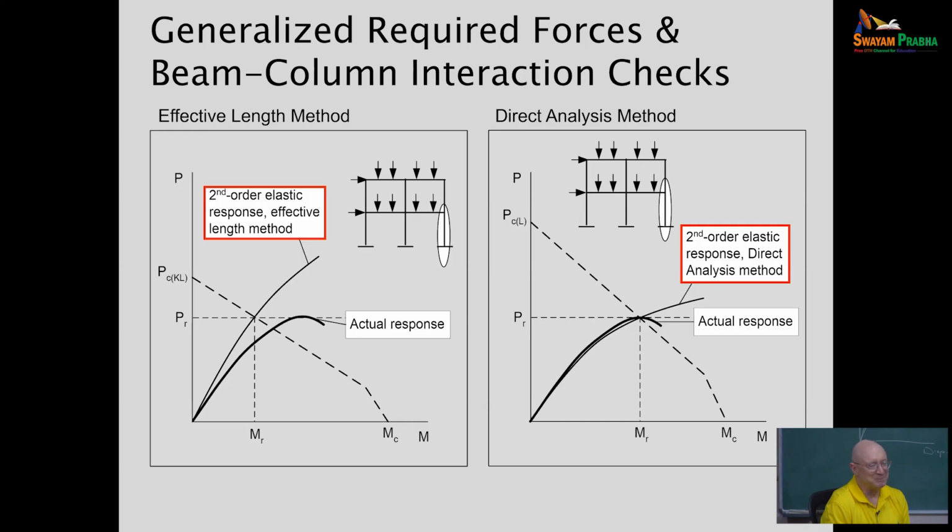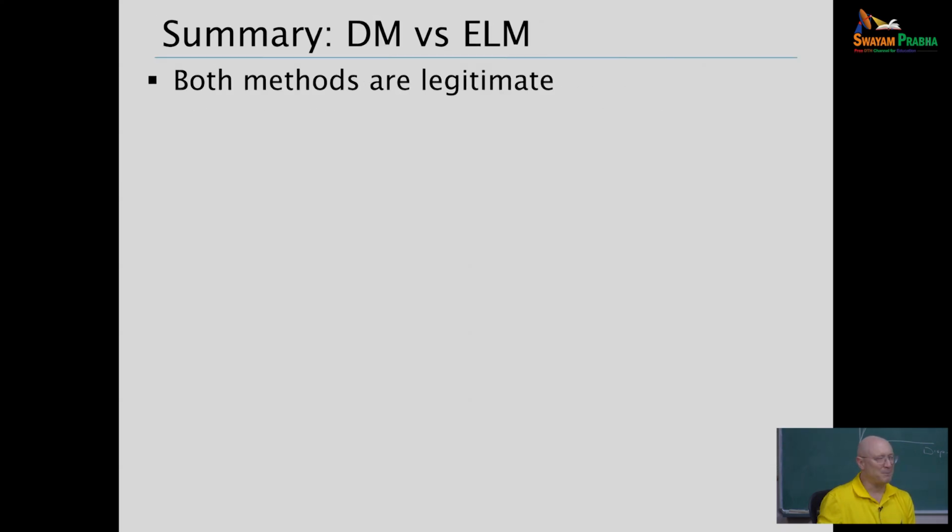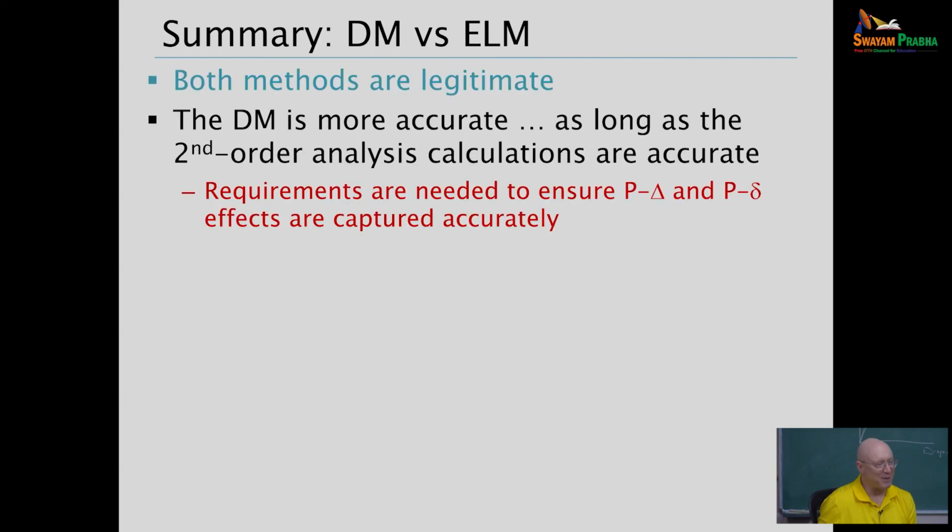That's the attempt with the more recent alternative methods, direct analysis or comparable methods in the Eurocodes, trying to match that actual response. And so in that context, both methods are legitimate.